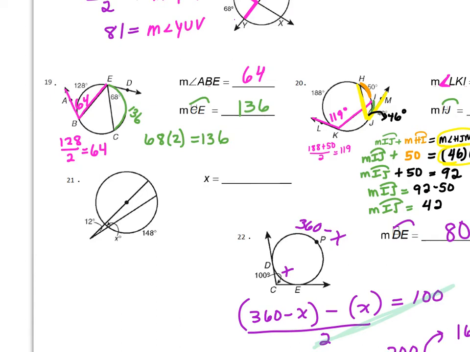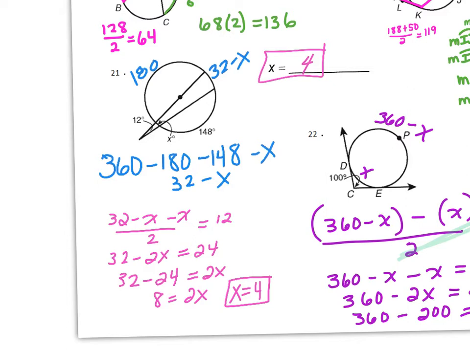On number 21, I'm going to do that right now. On number 21, we have an entire circle, which is 360. We need to take off 180 and 148. And we also need to take off this little piece here, which is X. If we're taking things off, we're subtracting.